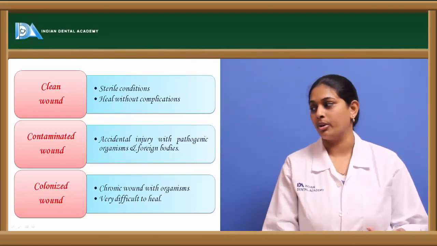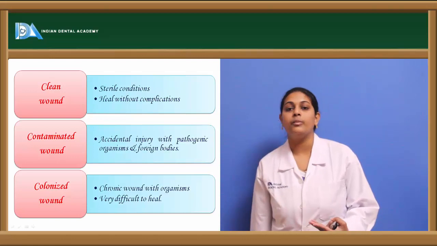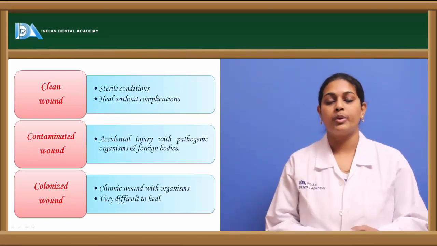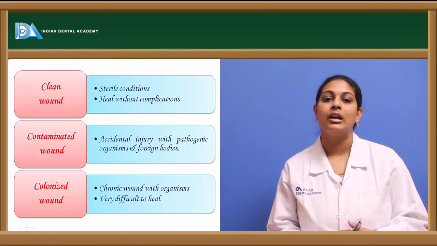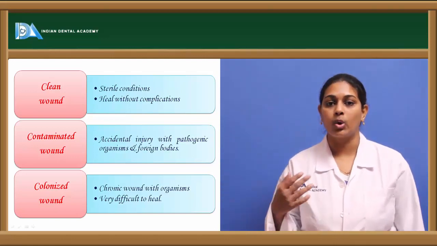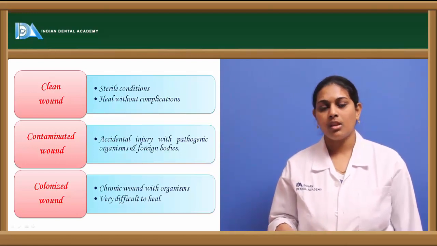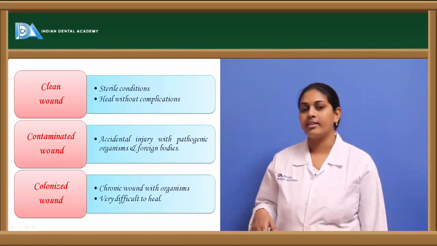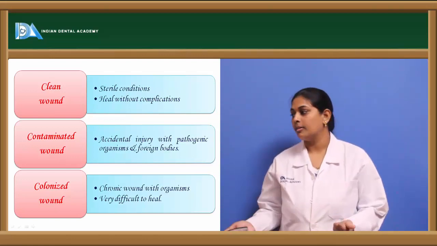That is a contaminated wound. Coming to a colonized wound, similar to the contaminated wound, this is a wound which provides an atmosphere such that the organisms which have contaminated the wound grow, multiply in number, and get adapted to the body structure such that they result in more complicated conditions, which we see in gangrene.